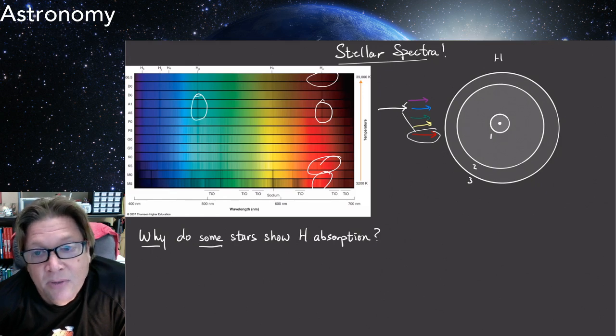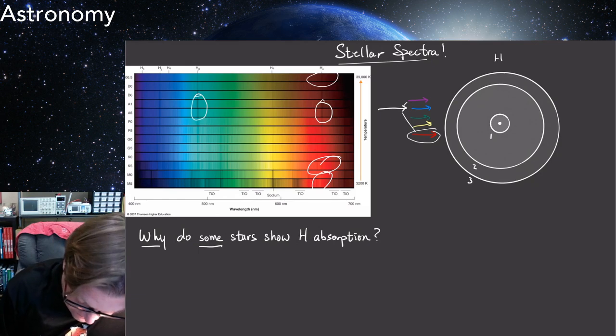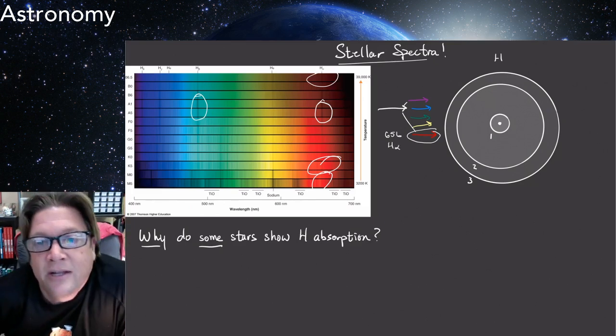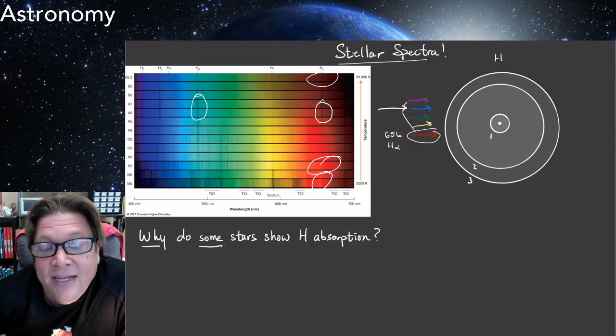In the rainbow that's coming from the star, in all the colors that are coming from the star, in particular, there is this particular color. Remember 656, the H-alpha spectral line. 656 is a particular color, 656 nanometers. And that's included in that rainbow, right?